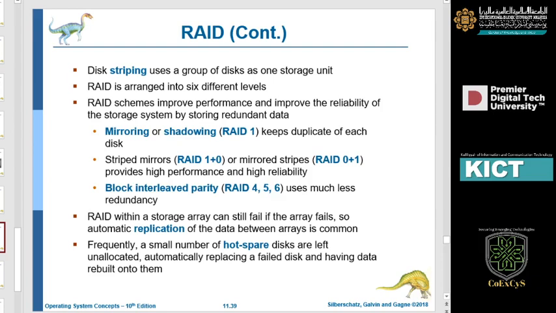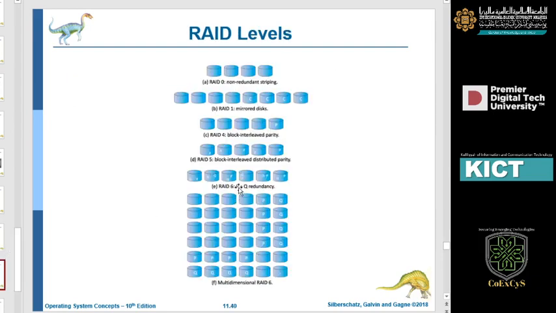There are other levels, RAID 4, 5, and 6, which use less redundancy, but have other advantages as for striping, right? So let's look at this idea here.